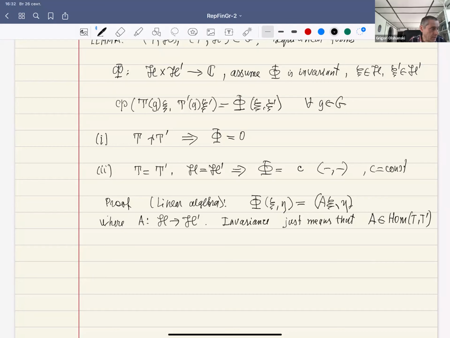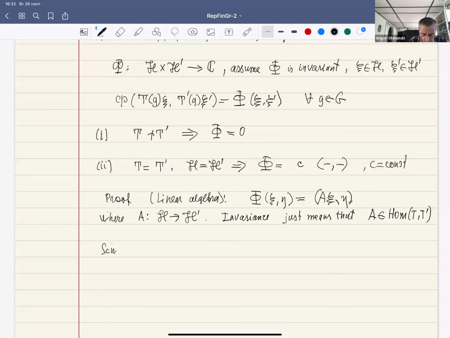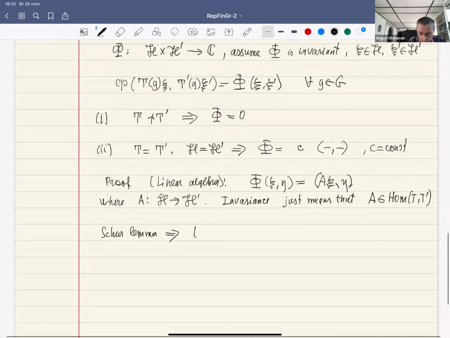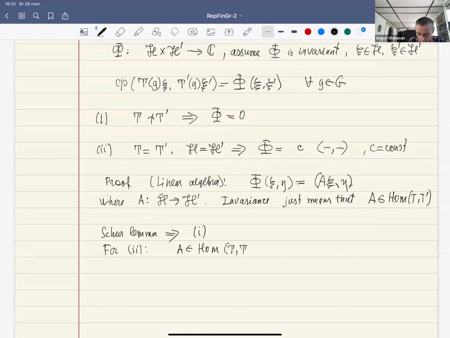But we know by Schur's lemma that it's impossible if the representations are non-equivalent. And if they are equivalent, for claim 2, we have that A is necessarily an intertwining operator for our representation, so it's a scalar.